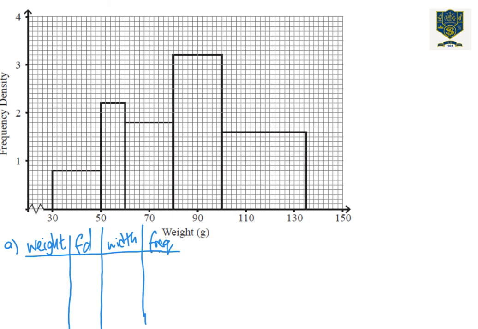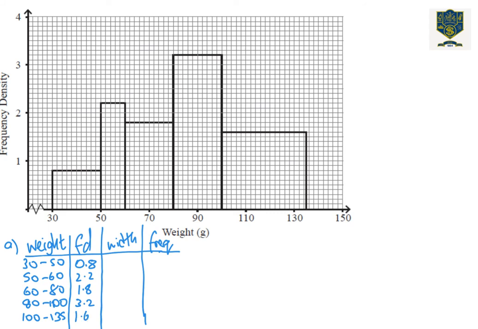So we've got the bare bones of our frequency table. The first group of weights are from 30 to 50, and then we've got 50 to 60, 60 to 80, 80 to 100, and 100 to 135. The frequency densities are 0.8, 2.2, 1.8, 3.2, and 1.6.